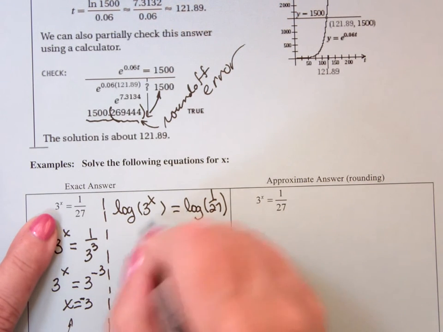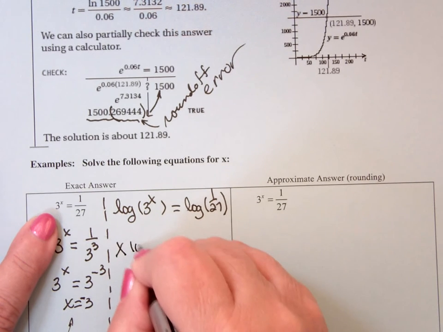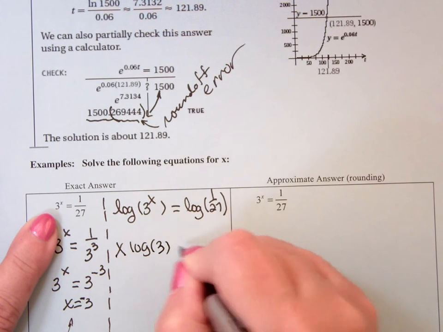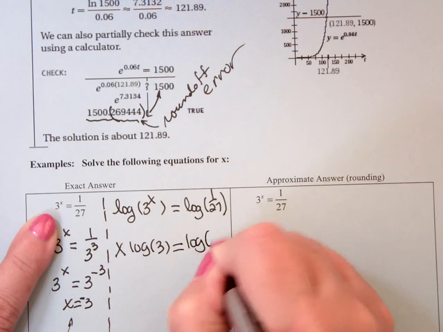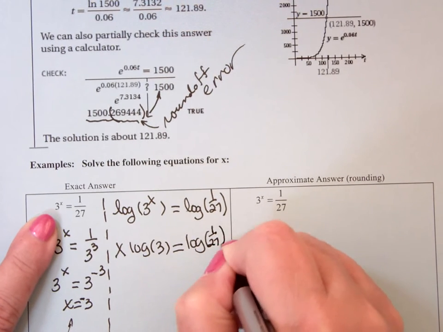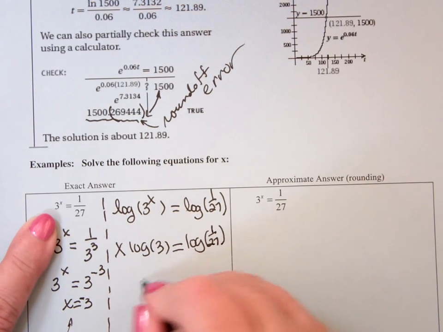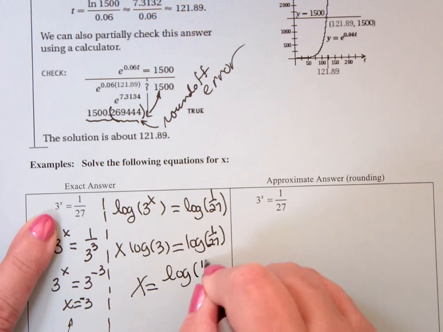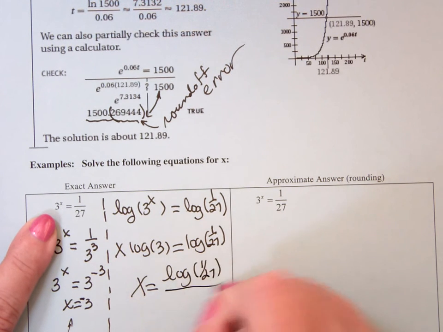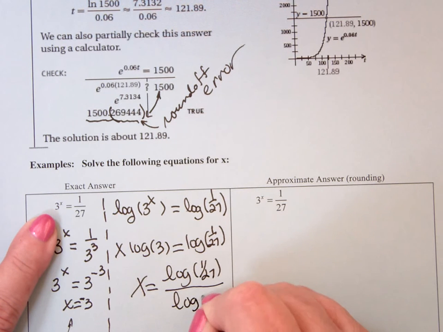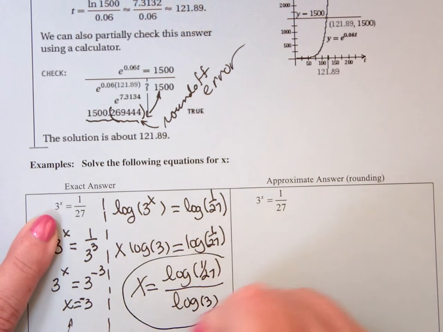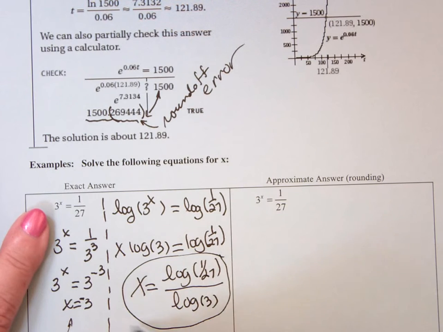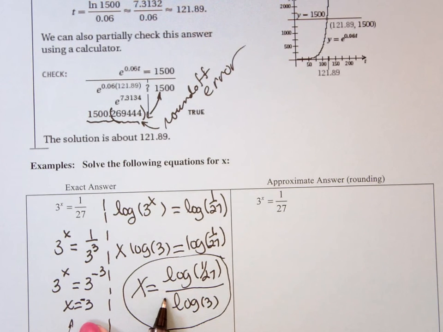So that if I bring the x down, x times log of 3 equals the log of 1 over 27. Divide both sides by log of 3. It's the log of 1 over 27 divided by the log of 3. That's an exact answer. And boy, these two things don't look alike. But if I put it into my calculator, that's what I come out with.